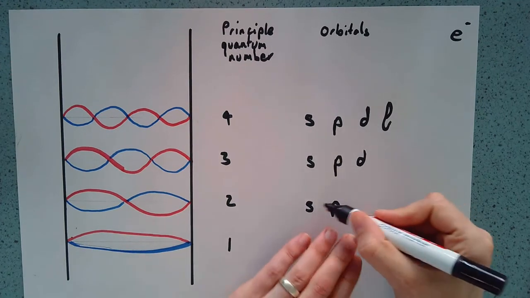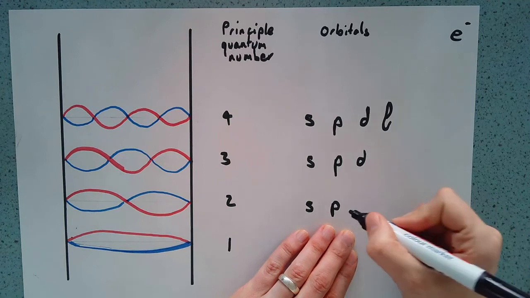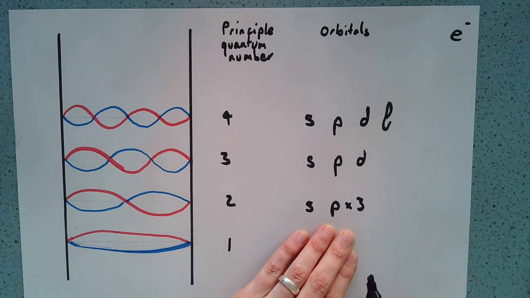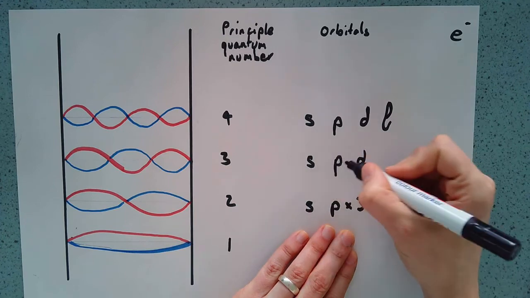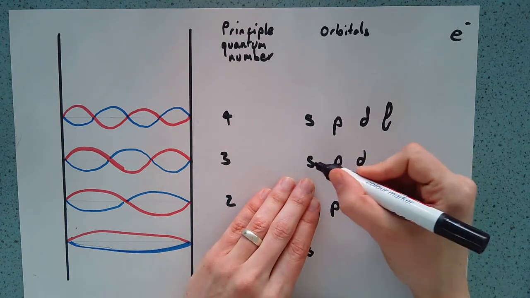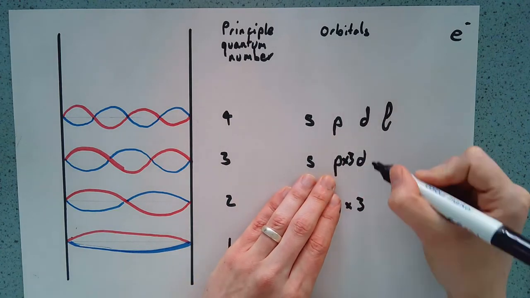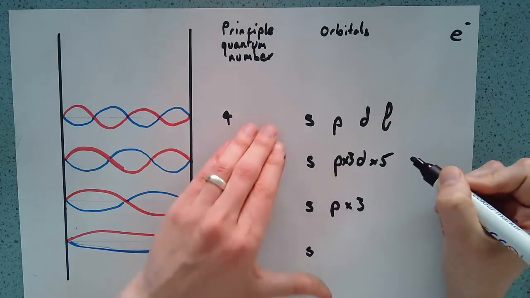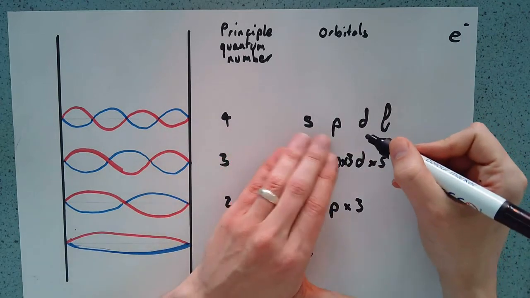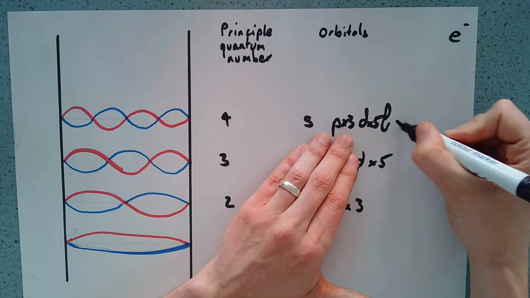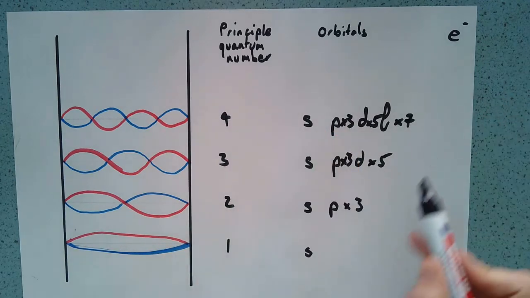In energy level 2, we have 1 s orbital, and we have 3 p orbitals. In our third shell, we have 1 s, 3 p's, 5 d's. And then in 4, we have 1 s, 3 p's, 5 d's, and 7 f's.